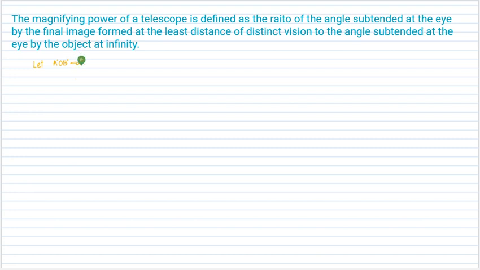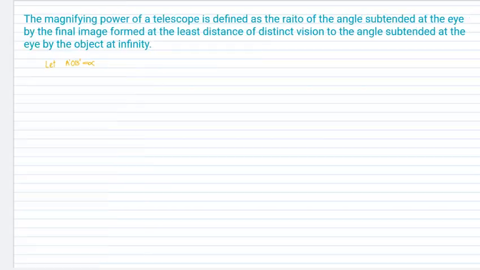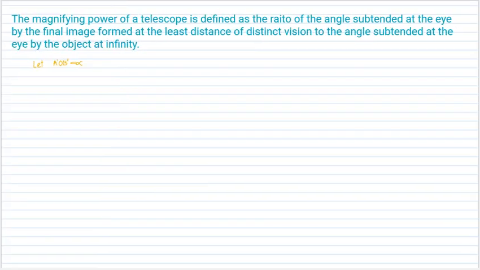And for the eyepiece, for which I was using the red pen, the angle A dash E B dash represents the angle beta. These are the two angles.